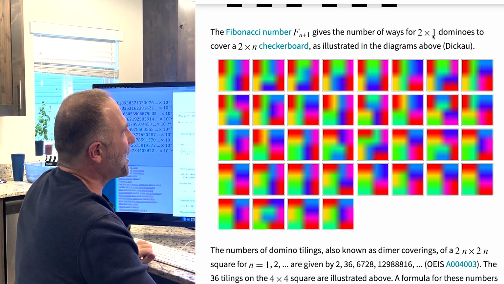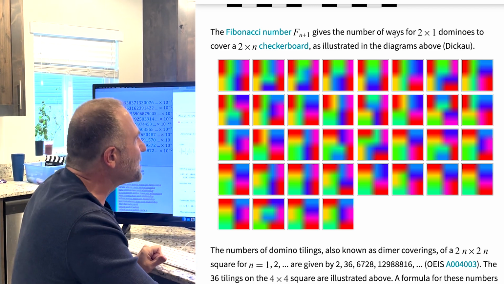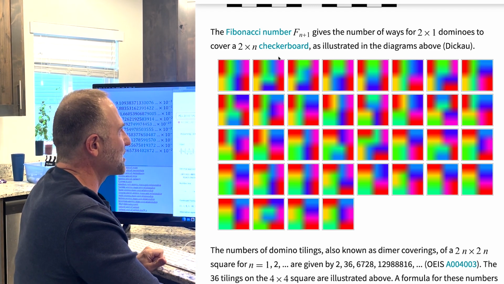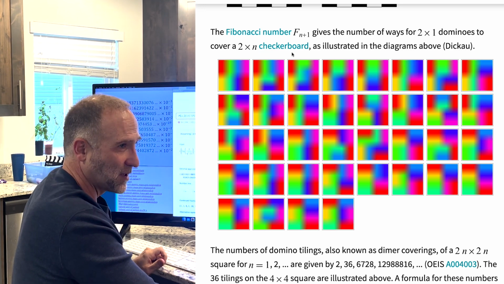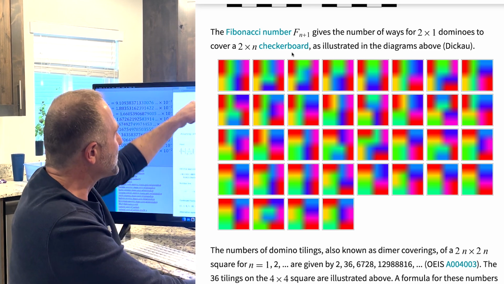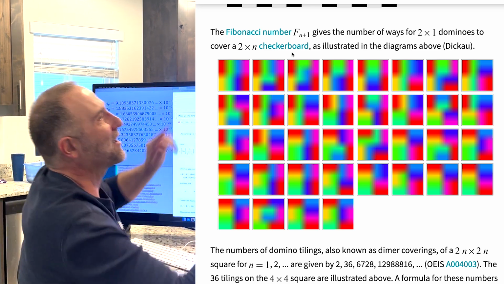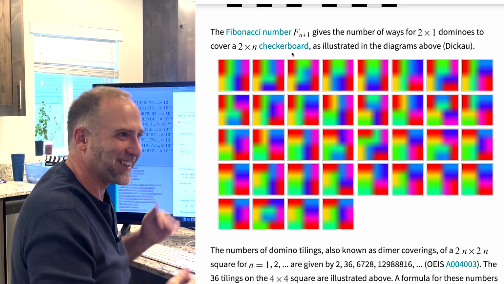But it gives a number of ways. That equation is the same thing as the way you calculate the number of ways for 2x1 dominoes to cover a 2xn checkerboard. So the Fibonacci number itself is connected to the logic of how you could fit things together with the Fibonacci structure.